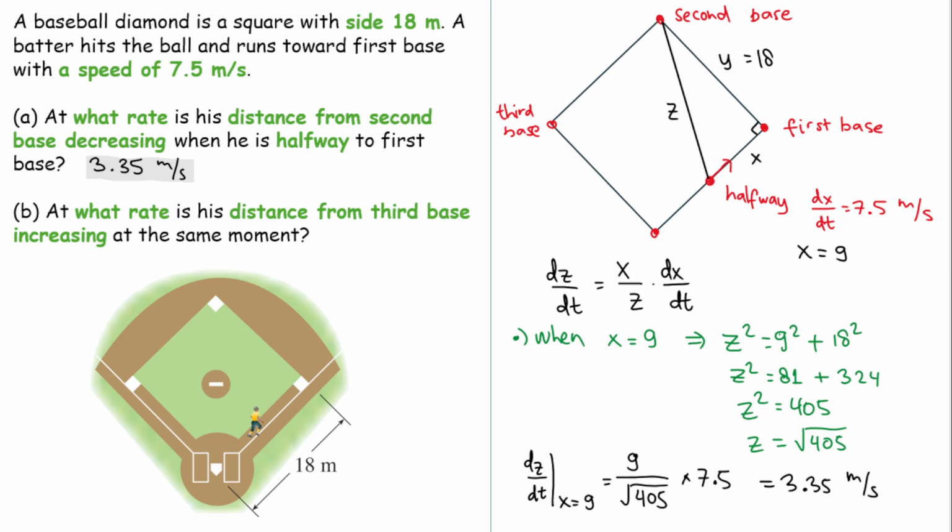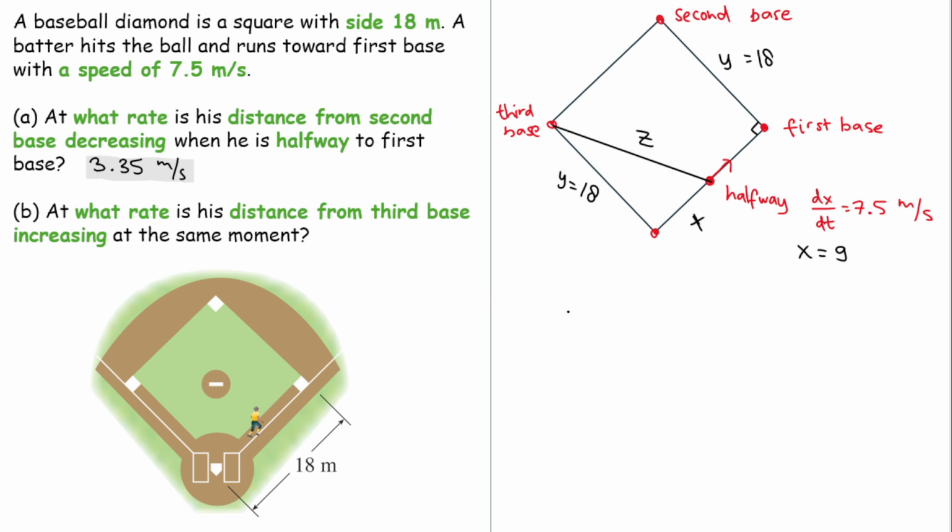That is the difference. So we will have the dz over dt here when x is equal to 9, right? That will be the same. We will have 3.35 meter per second.